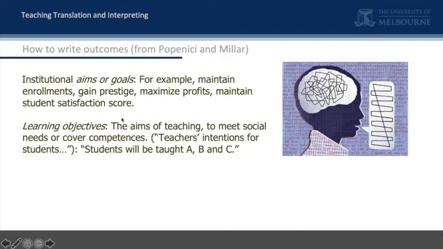So I put up the top here what might be aims or goals, and I'm being perhaps critical here, but we do have meetings where we discuss strategy for the future of our schools or our faculty, and the criteria for those discussions are things like maintaining levels of student enrollment, increasing prestige of the university, rankings are important at that level, maximizing profits, which should mean not making a loss, but this university likes to make profits.